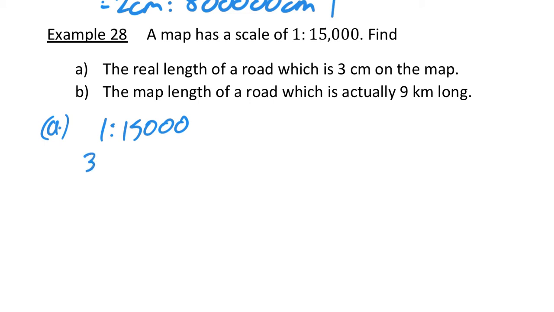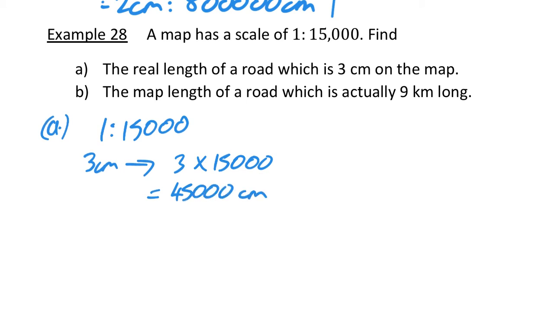So 3 centimeters goes to 3 times 15,000, which goes to 45,000. And then that's going to be centimeters, so that's in real life. And the first thing you can do is divide through by 100 to give you 450 meters. And I don't think I do anything else here actually. That is as nice as we can go, 450 meters.